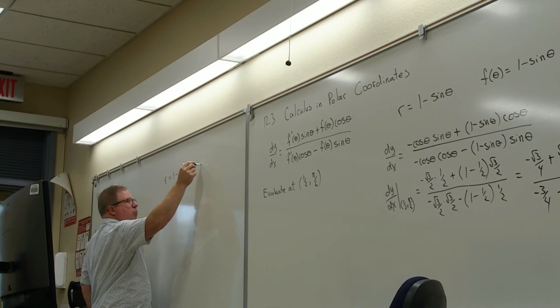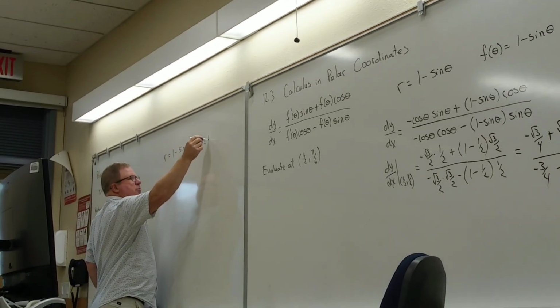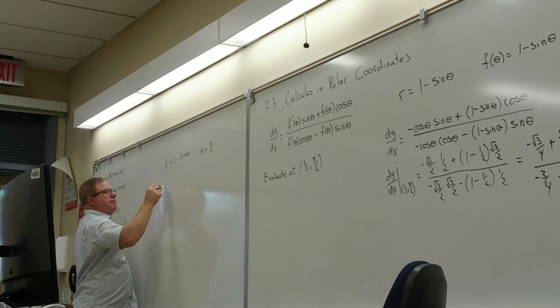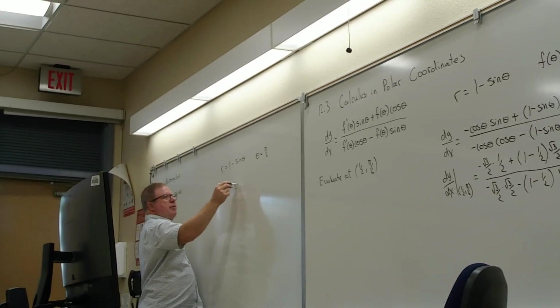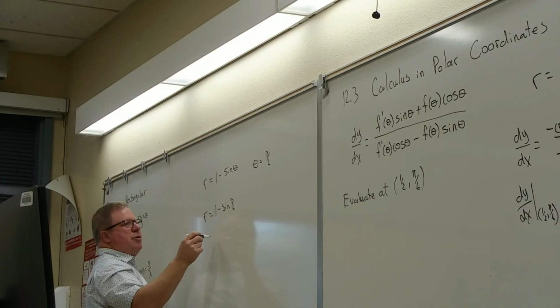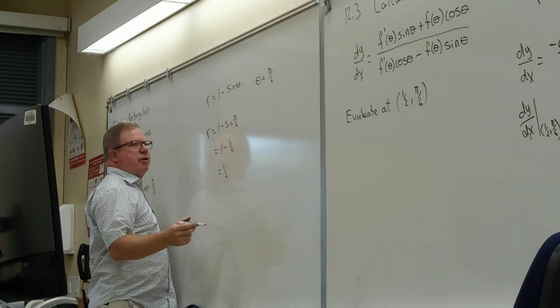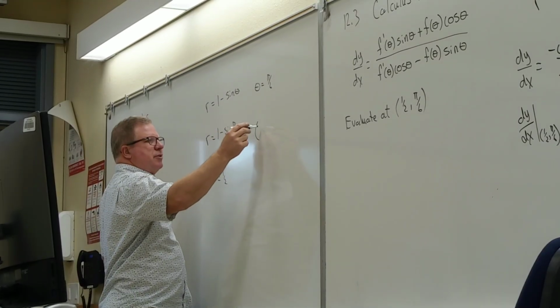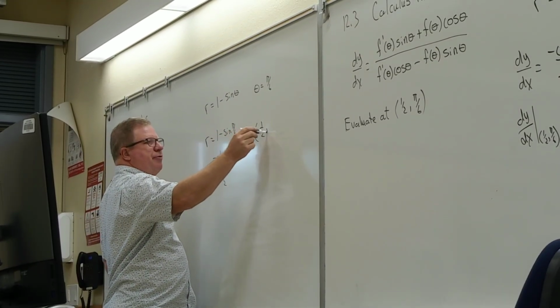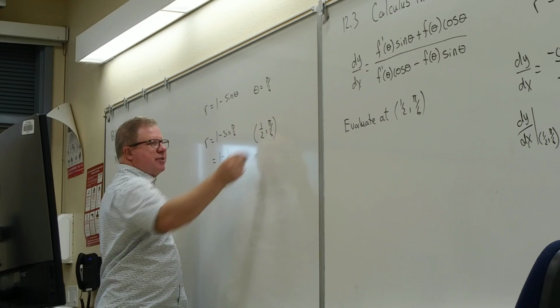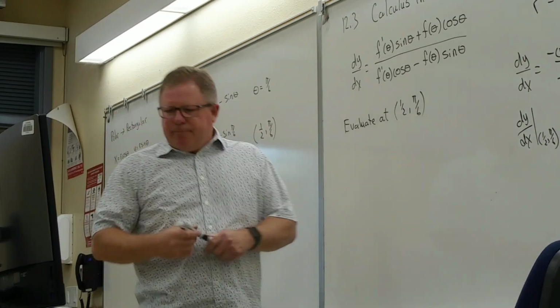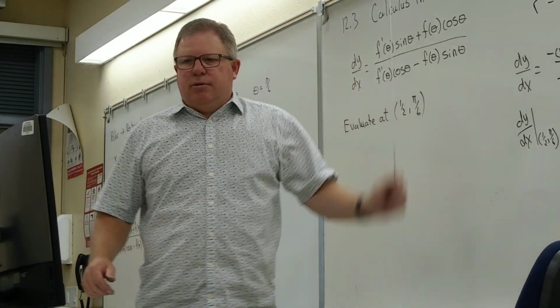And let's figure out what we get for theta equals pi over 6. So that would be 1 minus 1/2, which is 1/2. So the point is 1/2, pi over 6.